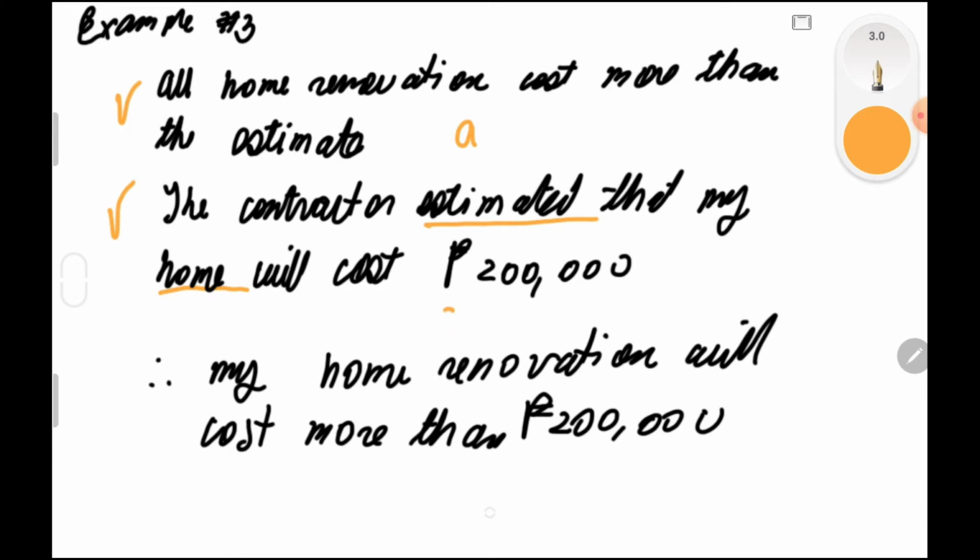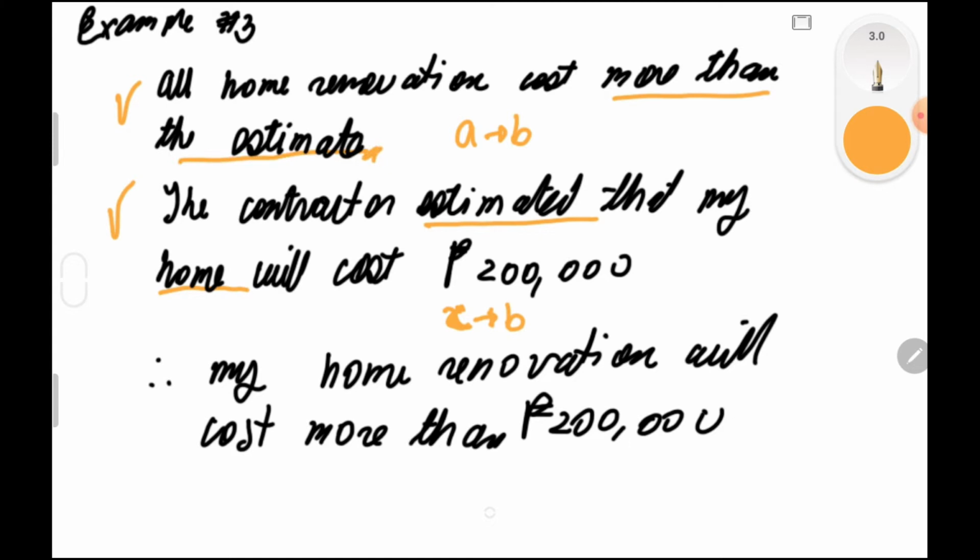So let's say this will be our C, described by B, and our A describes B. So what premise number 1 says is that it is more than the estimate.